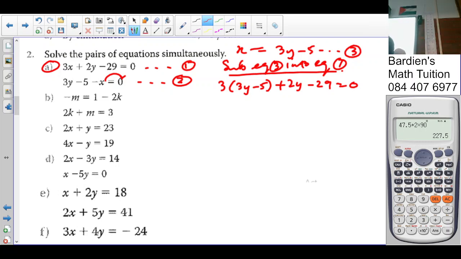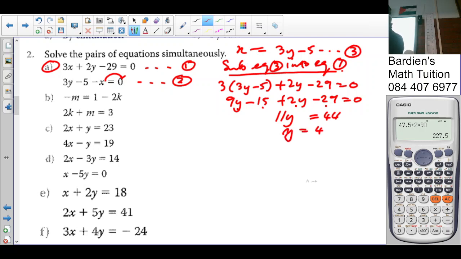So get rid of the bracket, so it's going to be 9y minus 15 plus 2y minus 29 is equal to 0. That's going to give you 11y, and this is going to give you negative 44. You take it over, it becomes 44. Divided by 11, so y is 4.